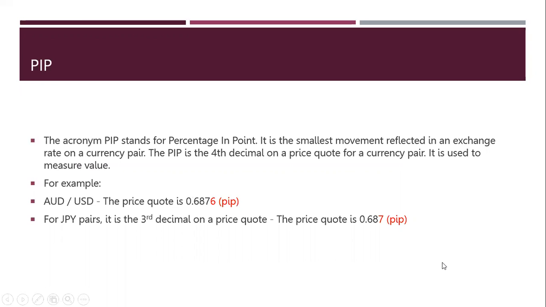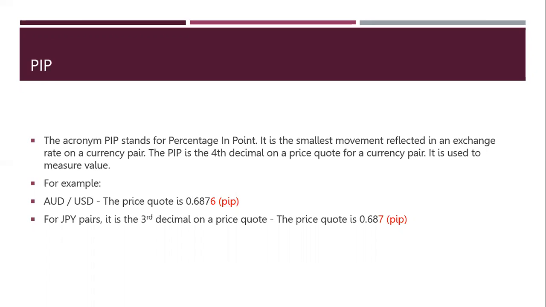And our last slide here, PIP. You'll hear about pips. When you see pips on your screen, you'll learn more about MT4, and that will probably be one of the terms that I have listed in another video.